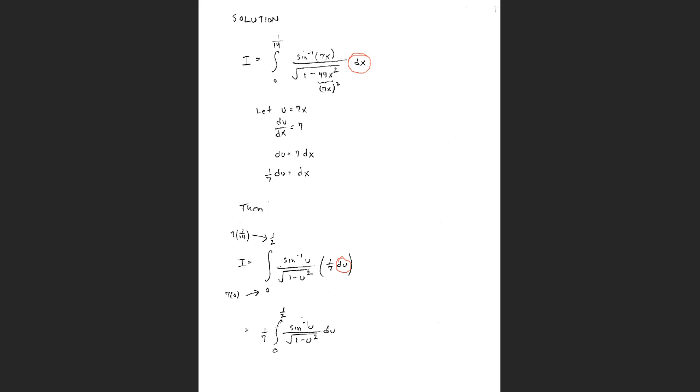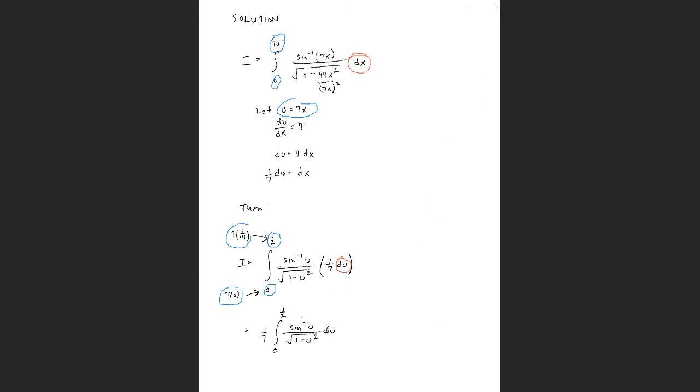And so these x limits, the 0 and the 1/14, we have to turn into u limits. Well, u is 7 times x. So 7 times 0 is 0. That's the u limit for x equals 0. And then 7 times 1/14 is 1/2. That's the u limit for x equals 1/14.